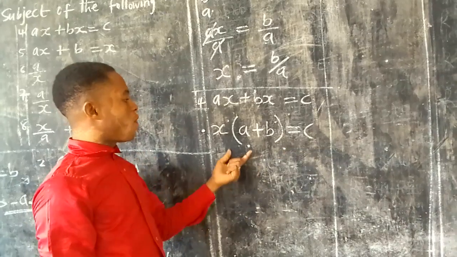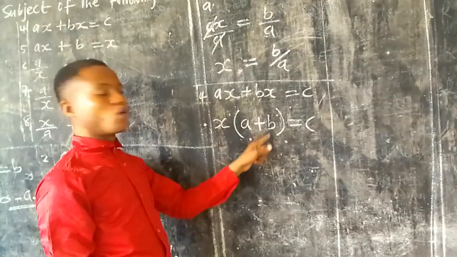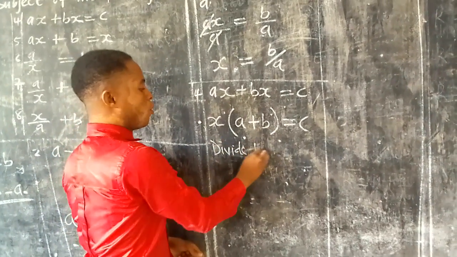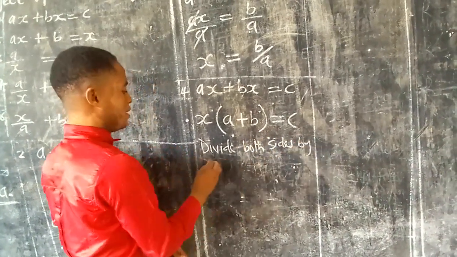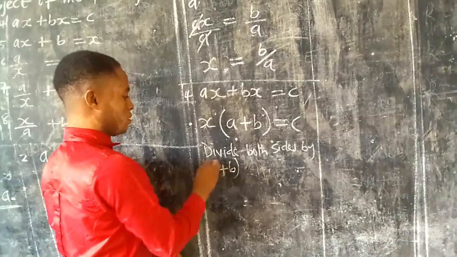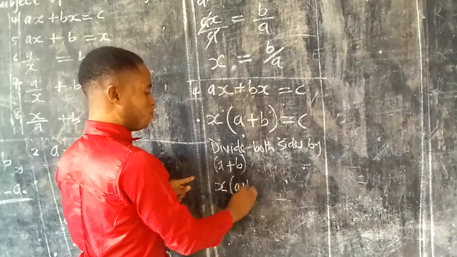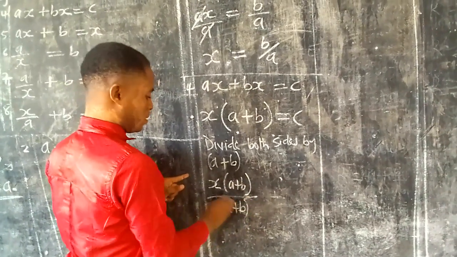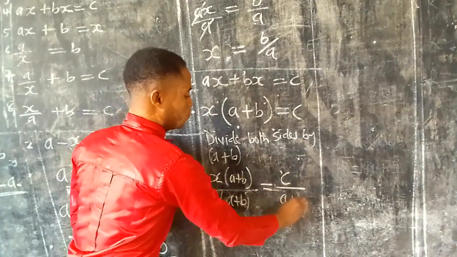So I want to make x stand on its own. I have to divide both sides by a plus b. So I will have x bracket a plus b divided by a plus b equals c divided by a plus b.